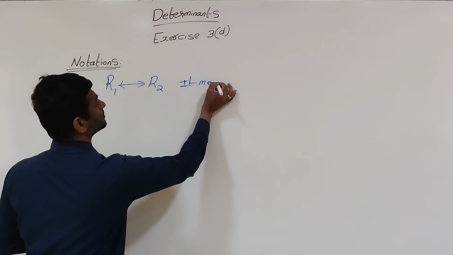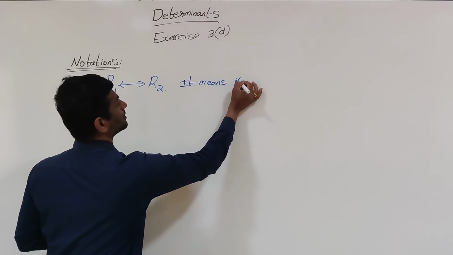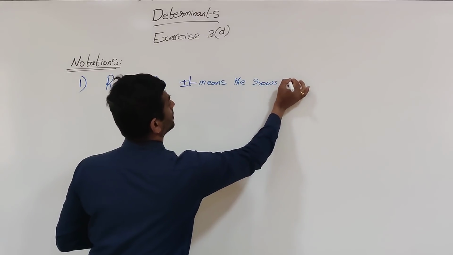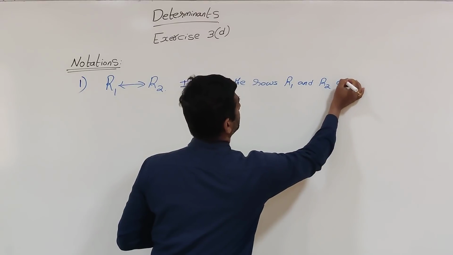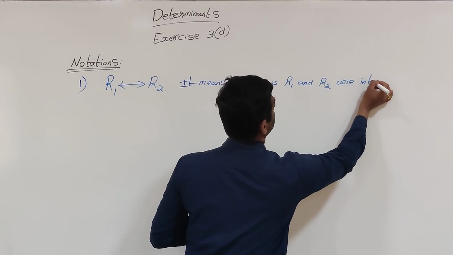It means the rows R1 and R2 are interchanged.